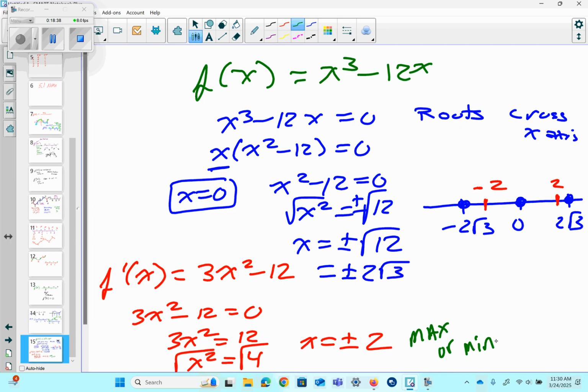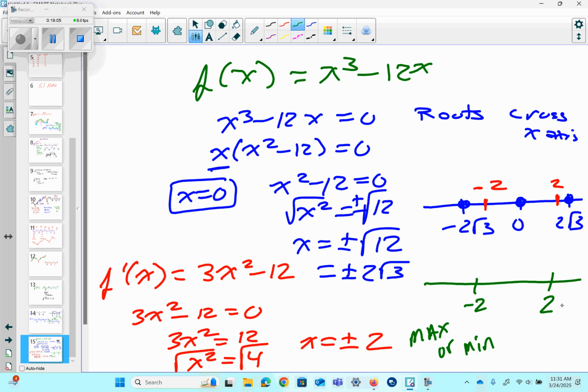Relative max or relative min, not the absolute. Being that you know this negative 2 takes place and this positive 2 takes place, you have to think what is taking place between those. And again, those are where it would peak. So it'd go from a positive slope to a negative slope, or a negative slope to a positive slope, where the sign changes.